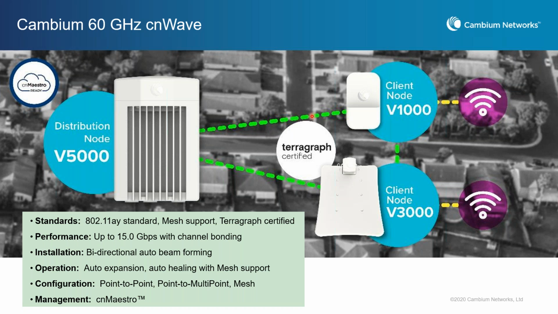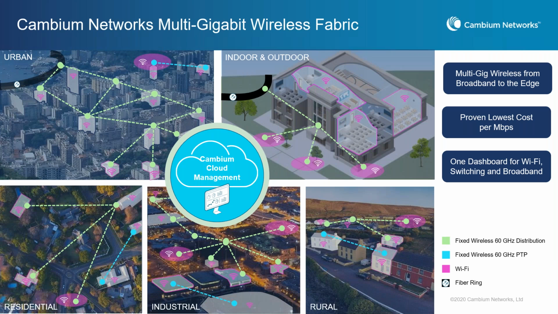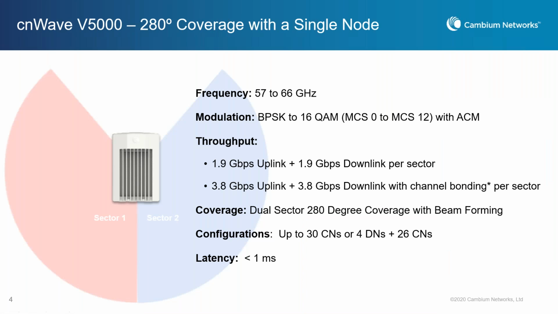Yes. So let me change the slides to the next one here. The V5000 has two sectors, and as we said, we can connect up to 4 DN. If you have one DN here, every sector can support another 2.